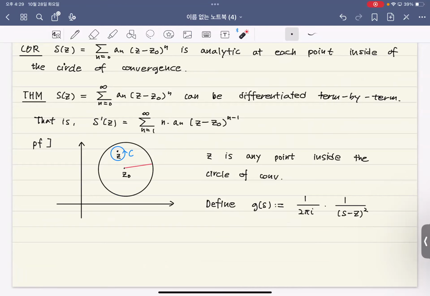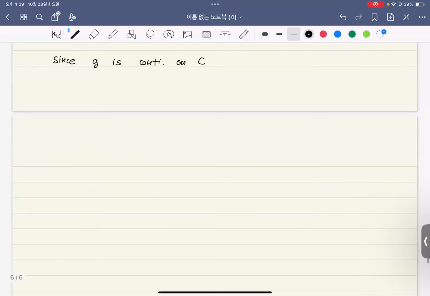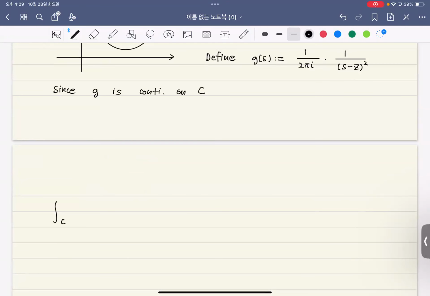This function is clearly continuous at every point on the curve C. So since g is continuous on C, the integral of g(s) S(s) ds is 1 over 2 pi i times the integral of S(s) over (s minus z) squared ds.